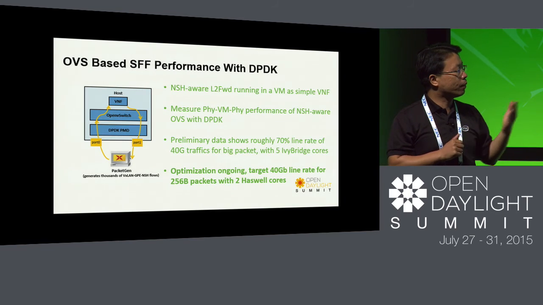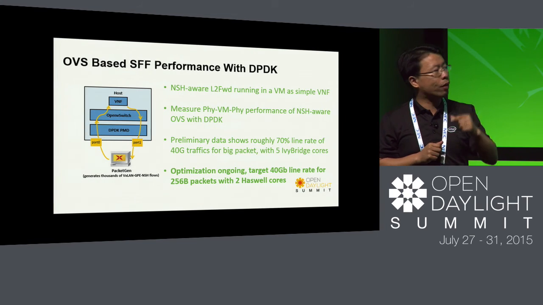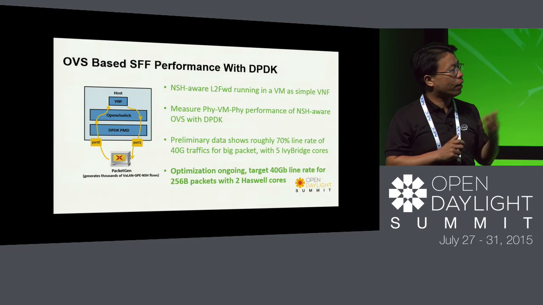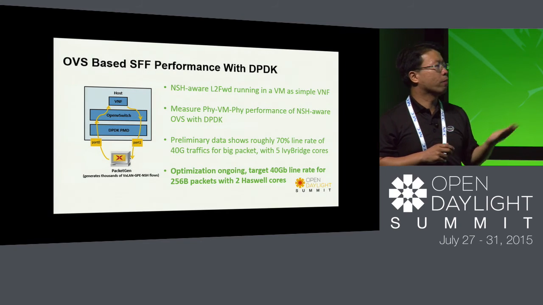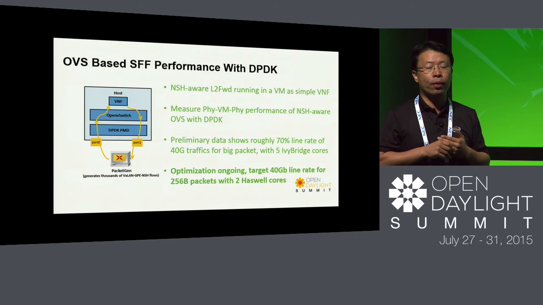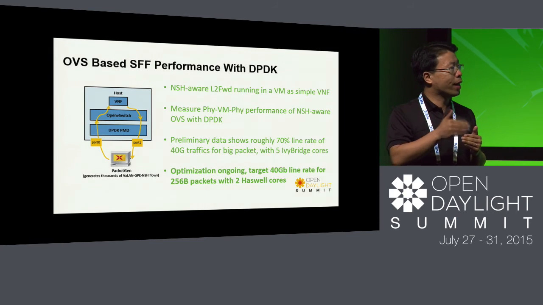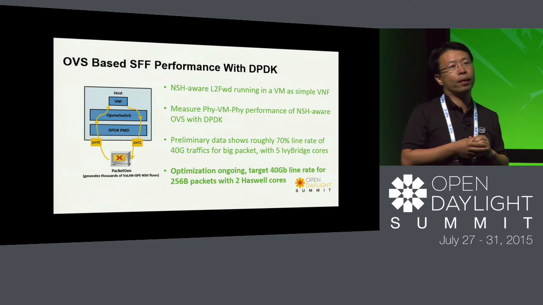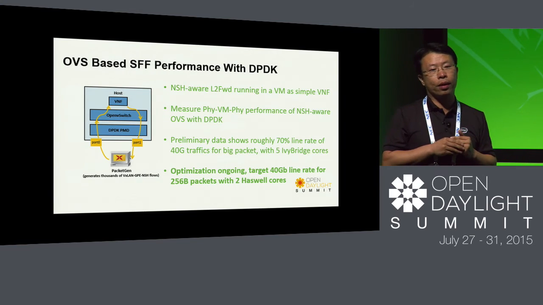According to our preliminary performance data, for this kind of physical-to-VM-to-physical use case, we can achieve 70% line rate of 40 gig traffic for big packets, specifically 1K packets, with 5 cores. But as I mentioned, there are lots of optimizations ongoing. We are trying to optimize DPDK OVS with a better hashing mechanism and better host-specific optimization.